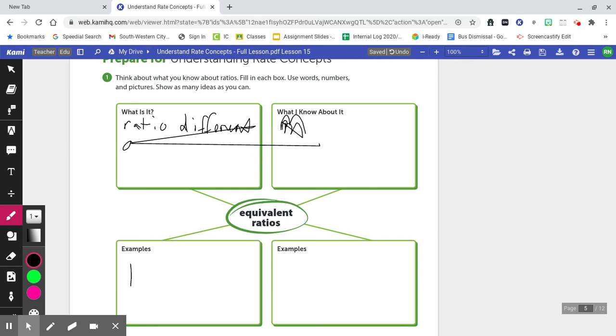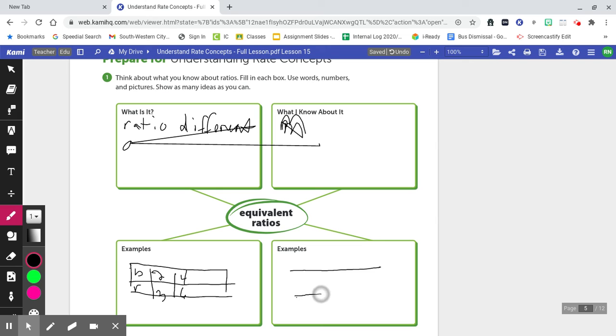Examples. An example, one of the things we did was we used a table. Say I had blue and I had red, and I compared them. Maybe I had a 2-to-3 ratio and a 4-to-6 ratio. So that would be one example. And then another example is when we use a double number line.